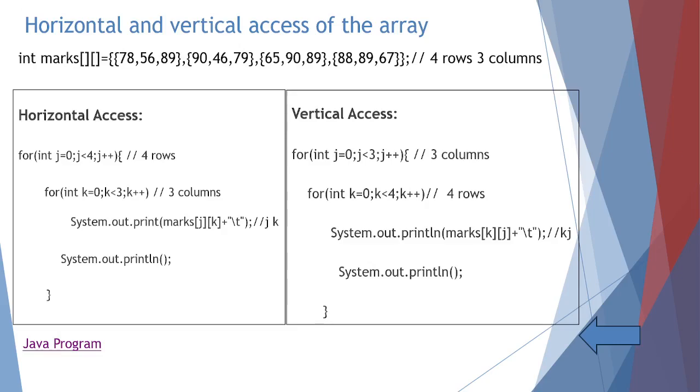We will see a program also. But for the vertical axis, we take columns: j = 0, j less than 3. 3 columns are there. And in the inner loop, we take number of rows, that is k less than 4. And marks of kj, not jk, for the vertical axis. Let's see a program here.